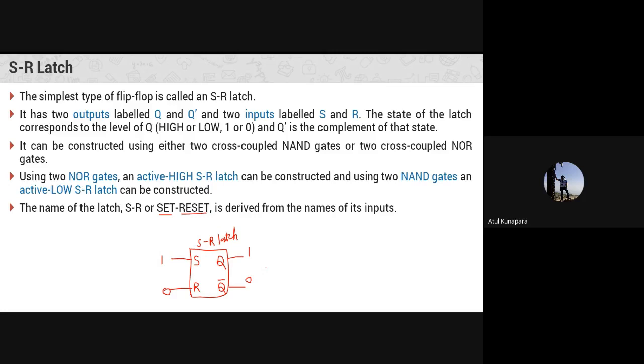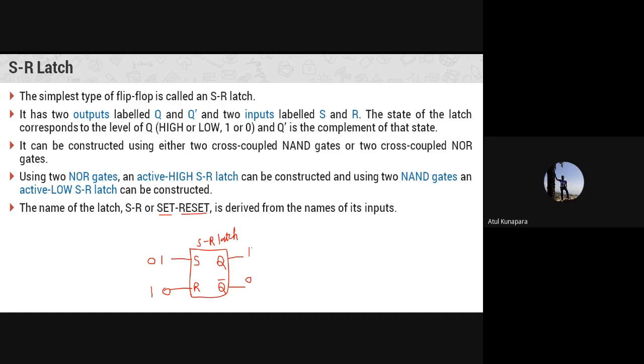Whenever you are giving logic high at the set terminal, the output of that latch is going to be set equal to logic 1. Similarly, when we are giving logic 1 at the reset input by keeping S equal to 0, what will happen?